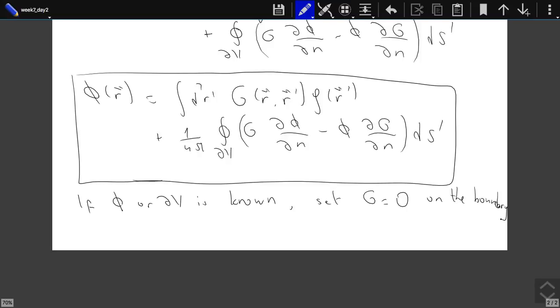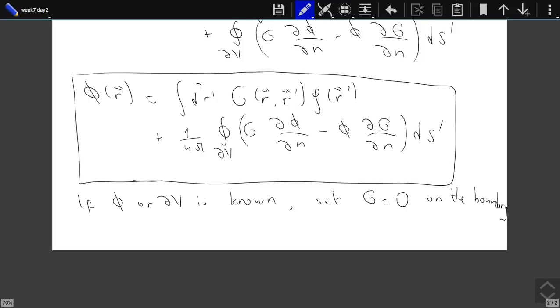This we can do. We have the differential equation, we have to choose a boundary condition, and if we choose the zero boundary condition for this G, which is usually called the Green's function, then the first term is 0, so just knowing phi on the boundary is enough to determine the value of phi.